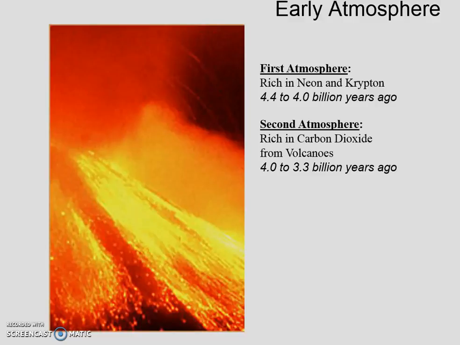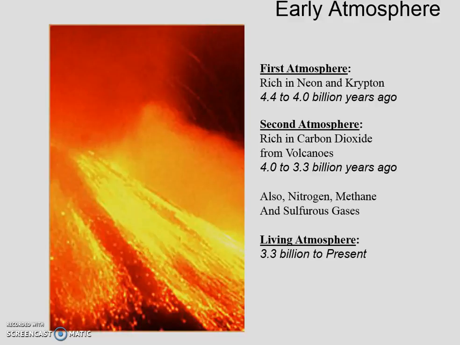So if there's any water vapor available, they come together and collect and form precipitation. At this time, there was also nitrogen, methane, and sulfurous gases. And then we start to see our living atmosphere. So these are the three atmospheres that are identified: the first, the second, and then the current one that we have to date.